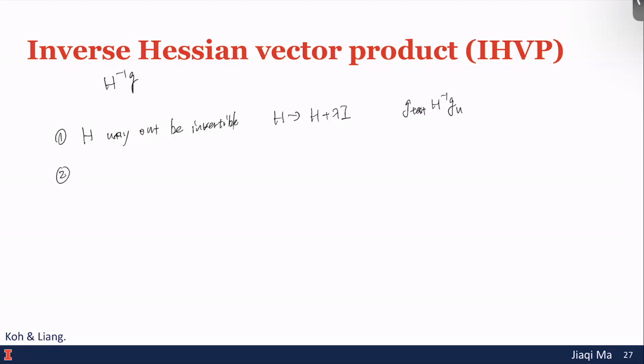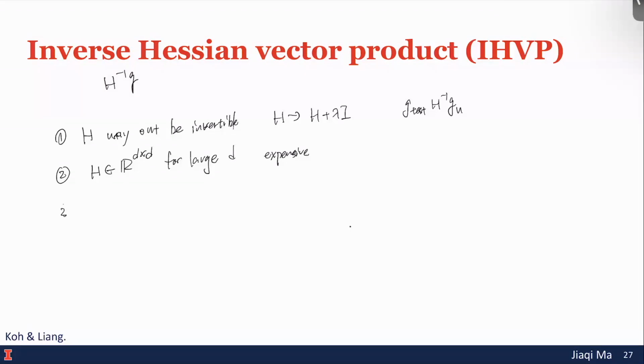The second and third problems are all about computation cost. Note that H is a matrix of D by D. So for large D, this is infeasible. It is very expensive to calculate the Hessian inverse.